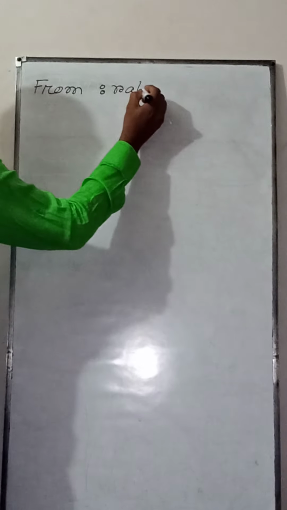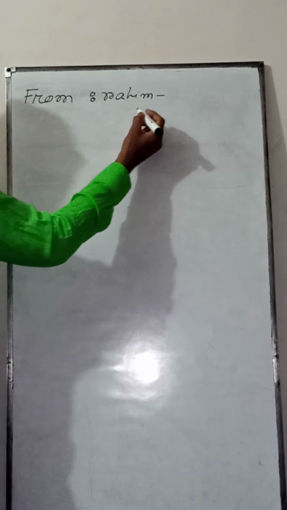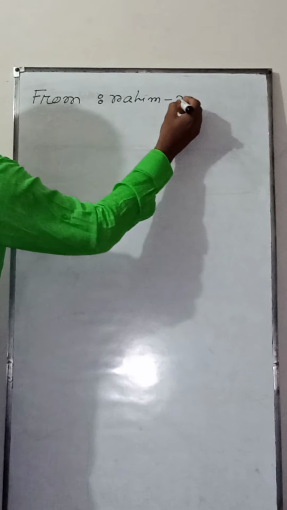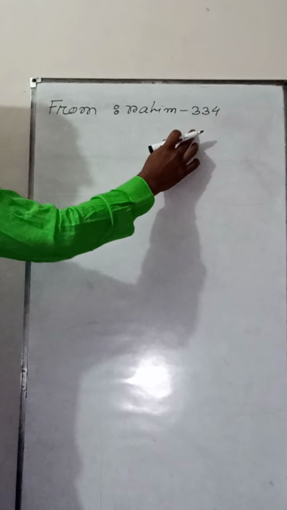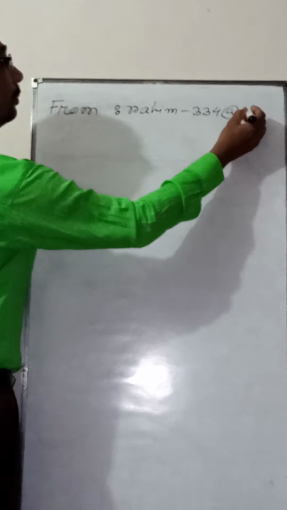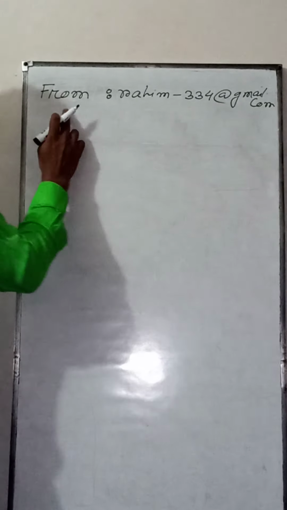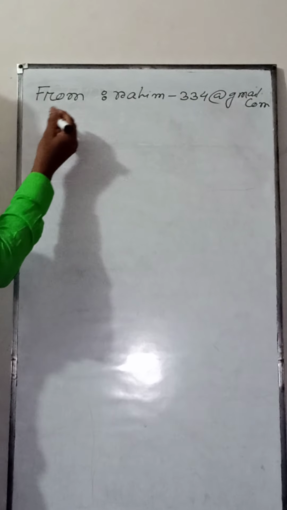You have to write your email address, Rohim, then keep a hyphen, then write any three or four digits, then at the rate of gmail.com. This is the address from where the email will be sent.